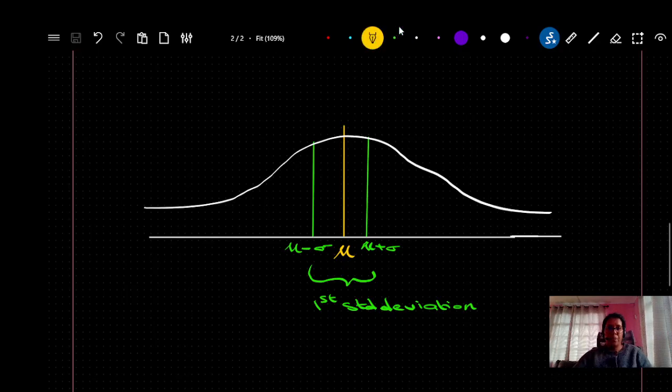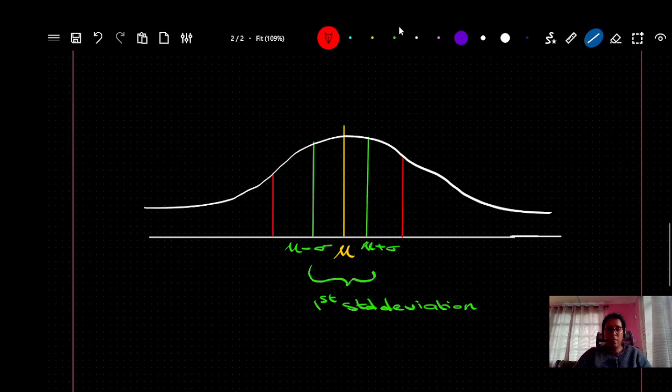Then we have, when you say 2 standard deviation to the right or 2 standard deviation to the left, what do we mean by this? So here we have another range here. Let me take another color, so that you get a better idea. So this is our second standard deviation.